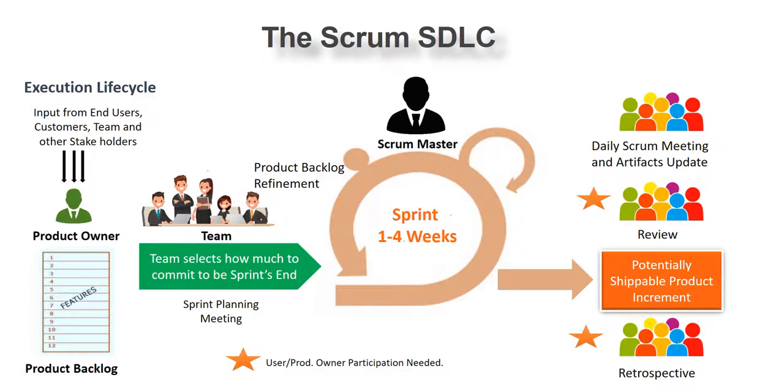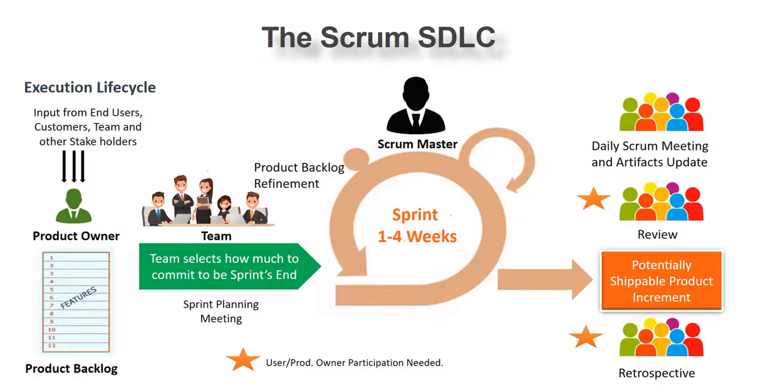This is a Scrum SDLC, and this is how the Agile world looks like, and this is how things get executed in the Agile world. So it all starts with something called the product backlog. Product backlog is actually the list of the requirements or the features that the client wants the team to work on within that particular release.